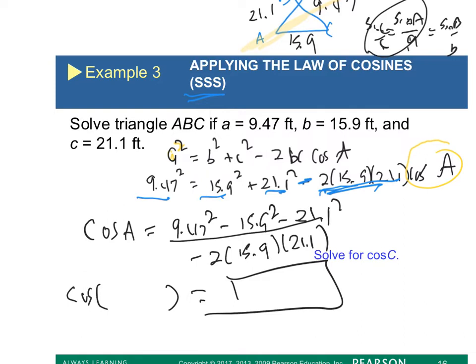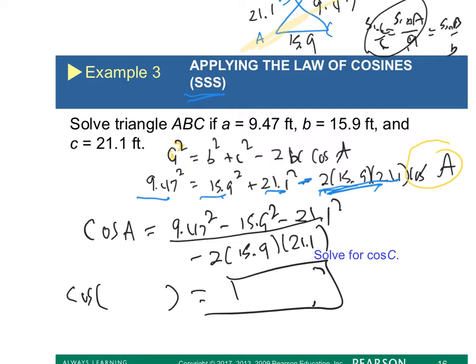I got 24.954 degrees. No, that doesn't go there, sorry. I can't remember what my decimal was. Let me go back and look. Oh, what was I doing?